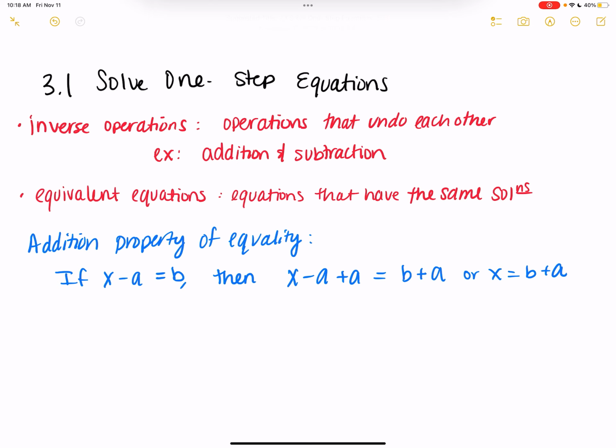So essentially whatever you do to one side, you have to do to the other. If we want to get something by itself, we have to undo it by doing the inverse operation to move it to the other side.